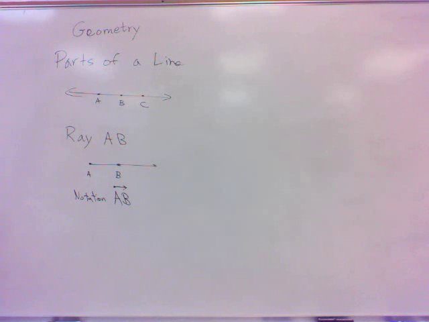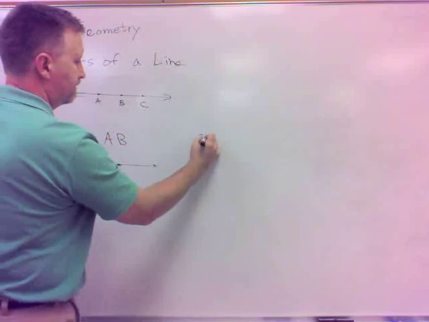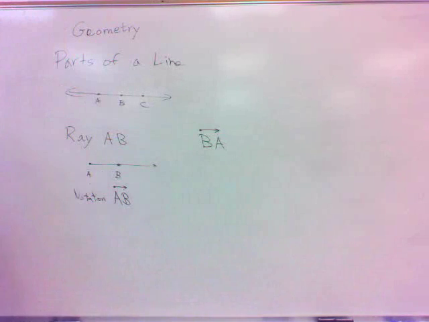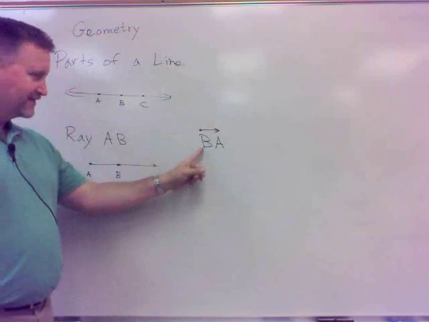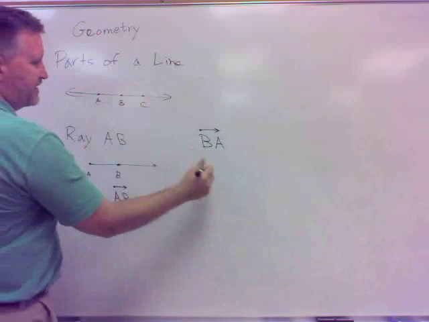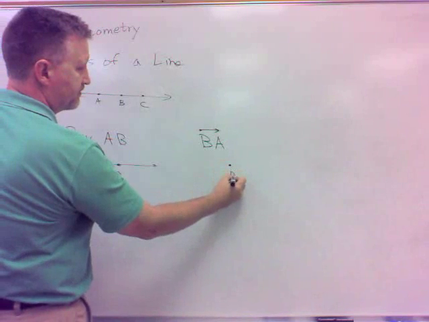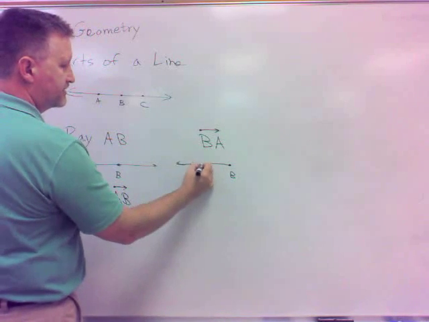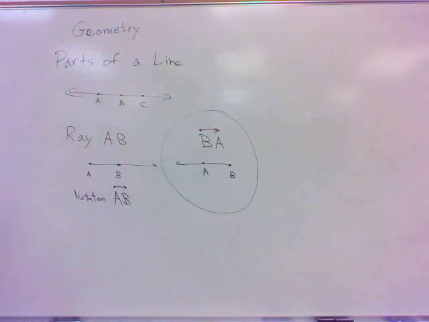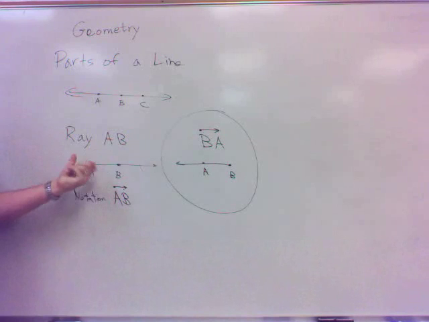Would ray BA be the same thing? It's not the same thing, is it? Because this says start where? Start at B and go in the A direction. So that would start at B, here's B, and then go in the A direction. So ray BA is that. It's not exactly the opposite, but it's going the opposite direction of that, you see.